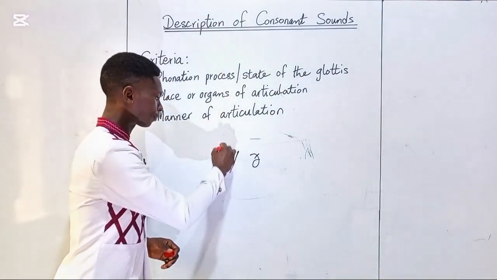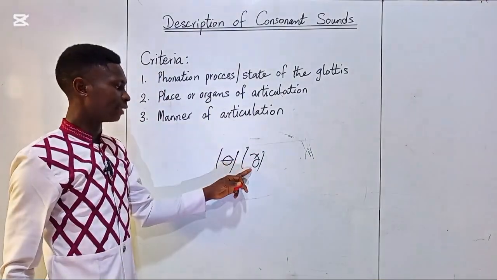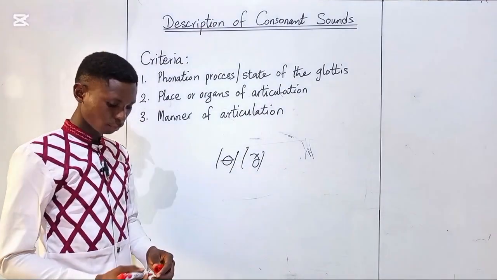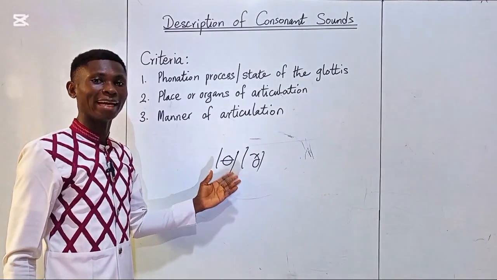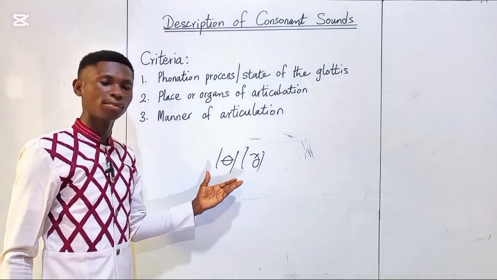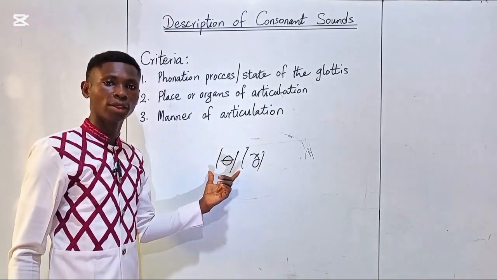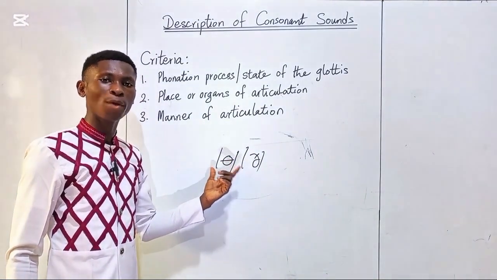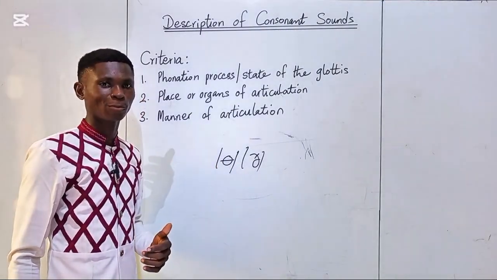This is the voiceless form, whereas this is the voiced form. So for you to be able to articulate this sound in words, you have to know the description of the sound, because it is through the description of the sound that you know where to place your tongue when you want to articulate the sound.